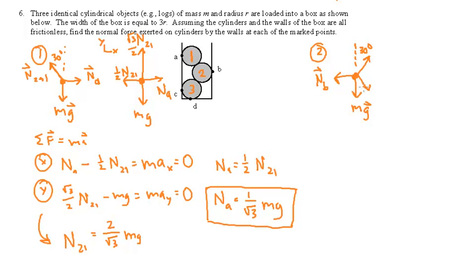Okay, moving on to log 2 now. We're going to have forces going like this. We're going to have the mass of log 2, which is m, because they're all mass m. We're going to have normal force at point B, which is this one over here, pushing log 2 to the left.